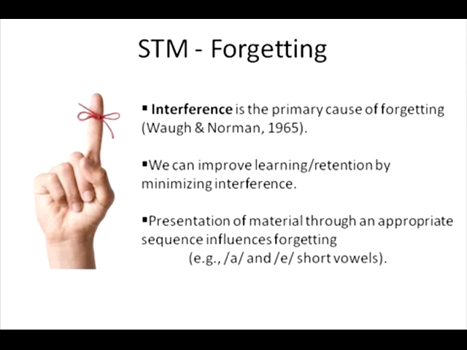It's recommended that we teach the short vowels as A, then O, then I, O, and U, with E being the last and A being the first, because they're similar. If we don't follow this sequence and teach the short A and the short E together, or very close, then the students are going to be confused and they're going to forget the information.